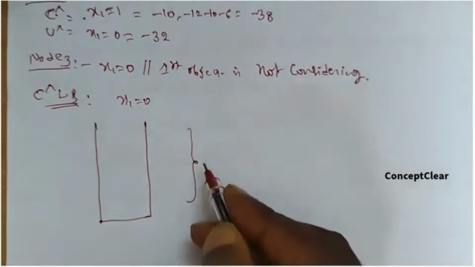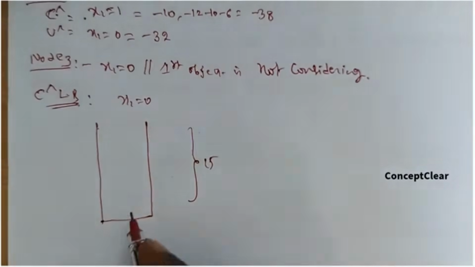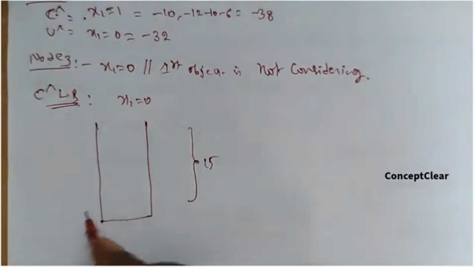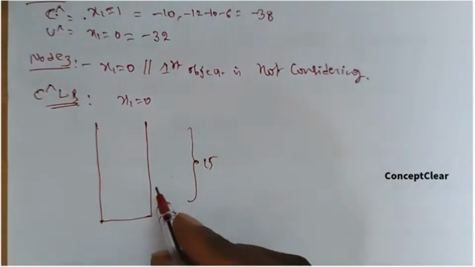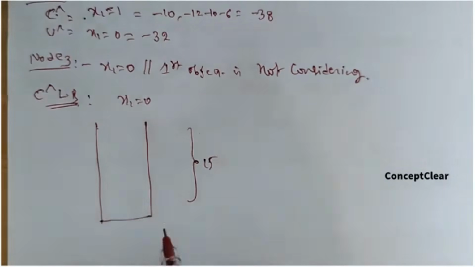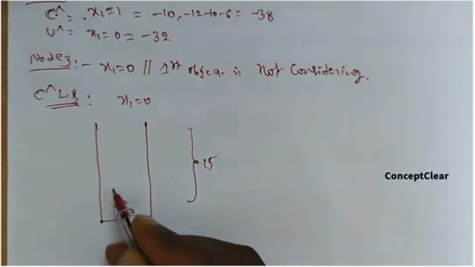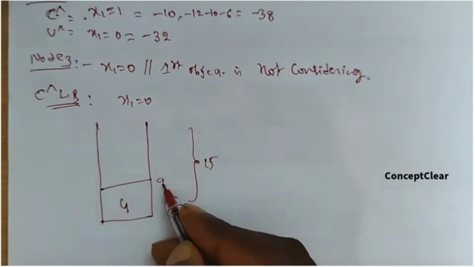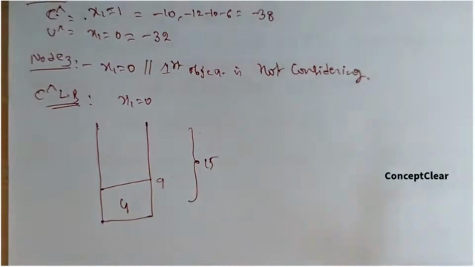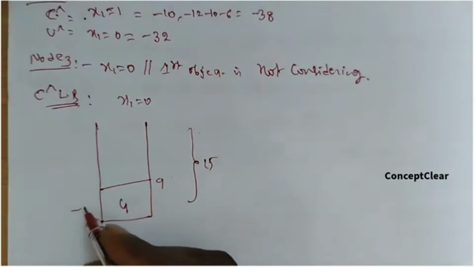What is the capacity here? The capacity is 15. x1 equals 0 means the first object is not considered, so its value is 0. The second object weight is 4, and the remaining is 9. The profit is 10.